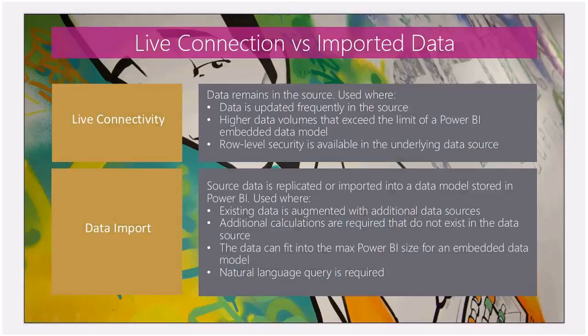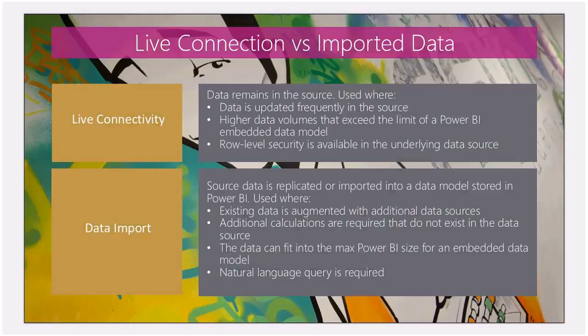So live connectivity is where the data is frequently updated in the source, typically. When I view my report in Power BI, I don't want to see data that's a couple of hours old. I want to see the data as it looks right now. In that case, you need to use live connectivity, and you also need the Pro license to use the data gateway for on-premises live sources.